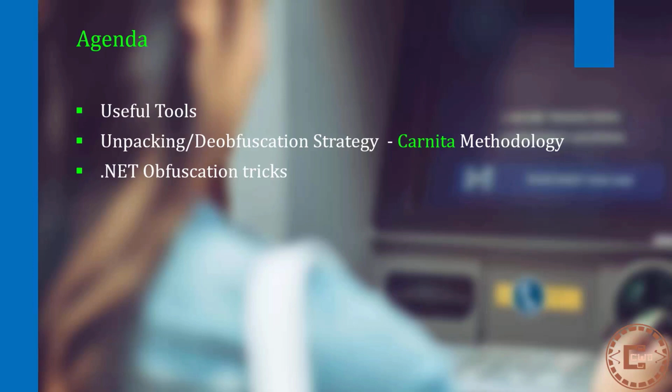We're going to be talking about .NET obfuscation tricks. It's very important for you guys to know those tricks that the malware uses in order to hide and make it harder for you to understand while doing the analysis. Because once you know those tricks, when you are doing your analysis, you will be hunting for them.